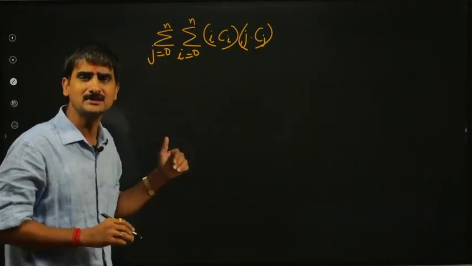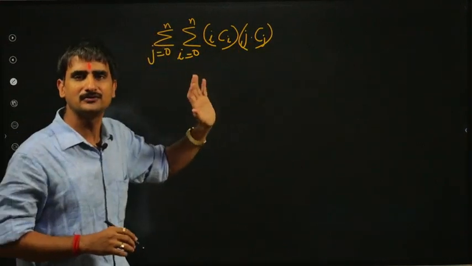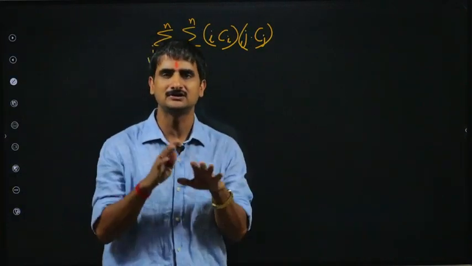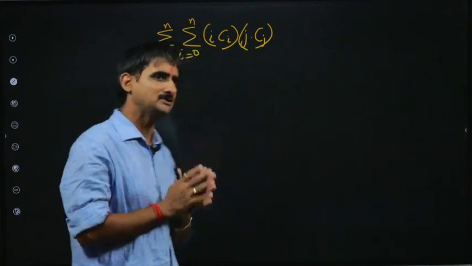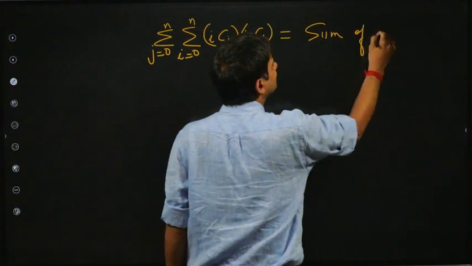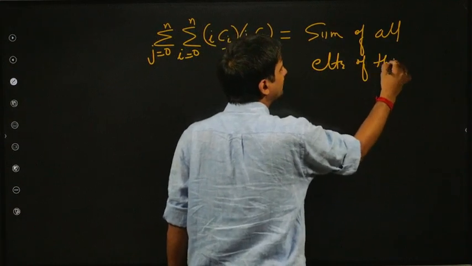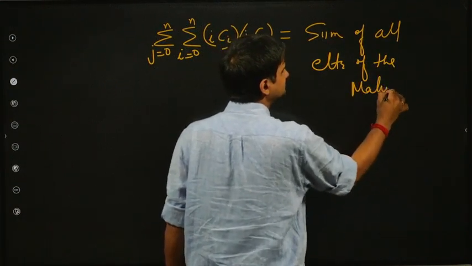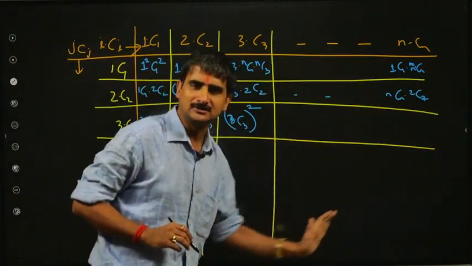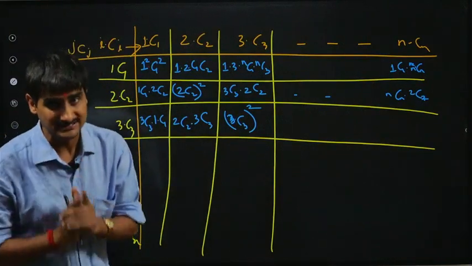That means the sum of all possible such products, where i and j have no correlation, they are totally independent of each other. So this gives us the sum of all elements of the matrix. All of you agree to that, bacho? Isn't that so? So if we add all the terms, won't we get all possible combinations? Answer is yes, we will get.